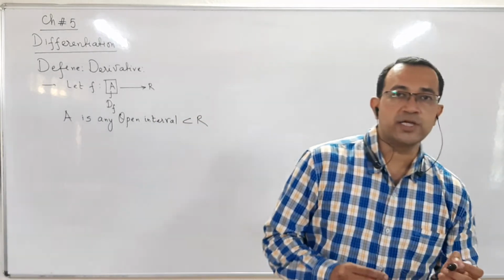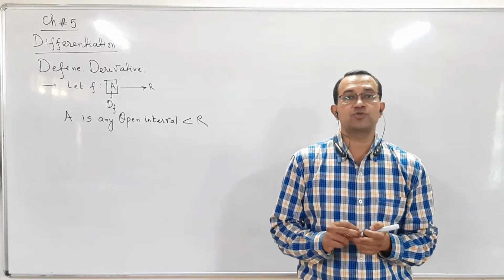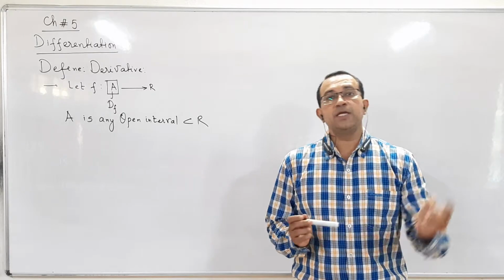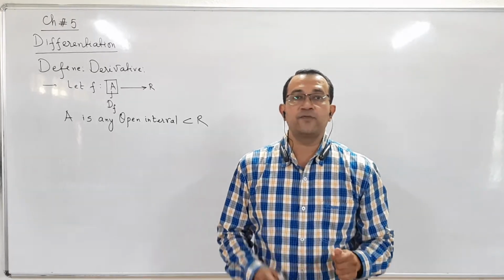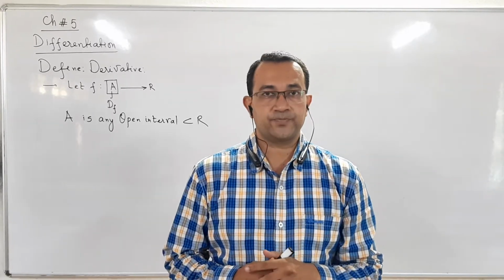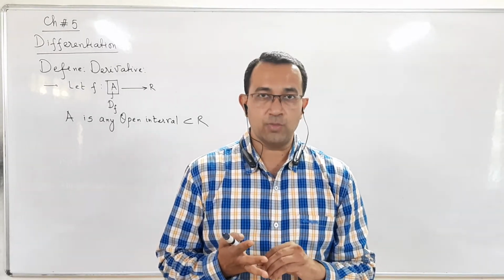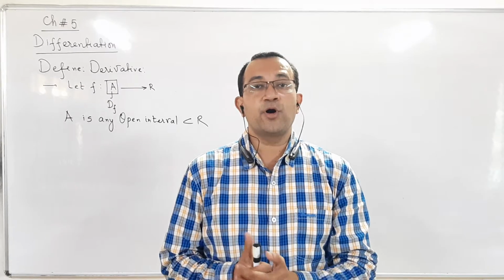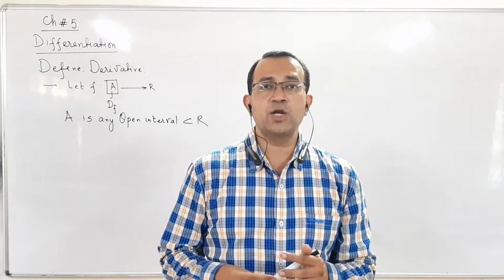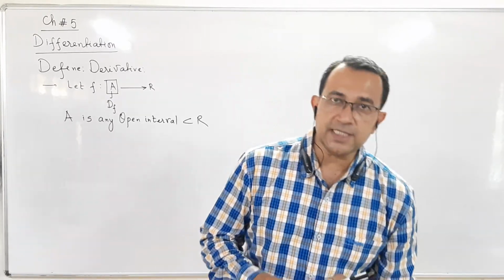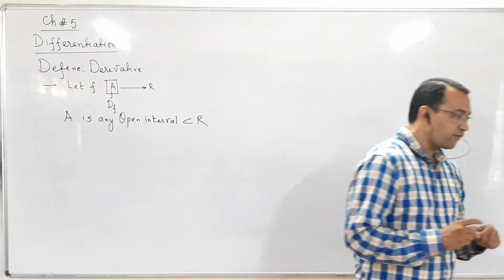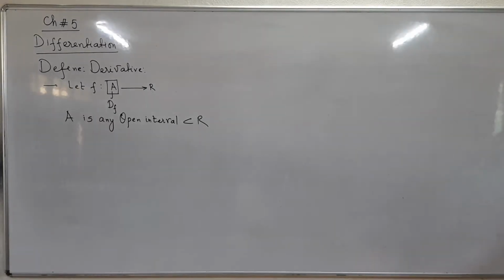So the first point in the definition is, students, f is a function defined from A to R, where A is the domain and R is the codomain. Second point, A is specifically an open interval which is a subset of R. This is clearly mentioned in the text.